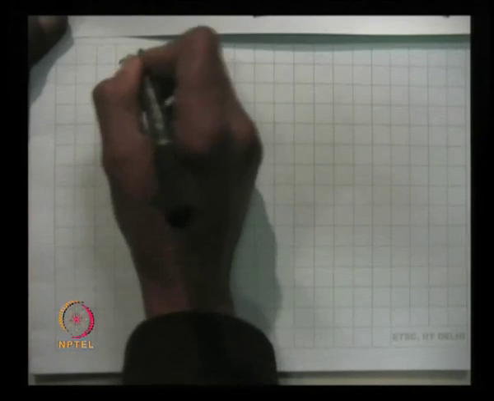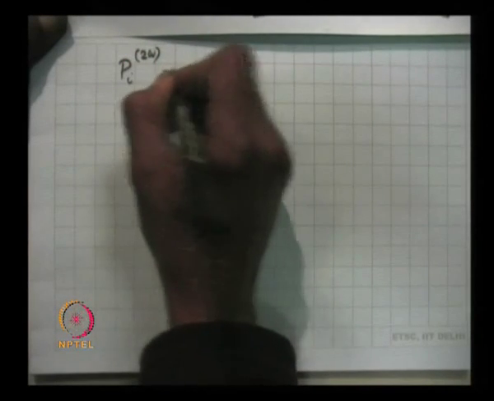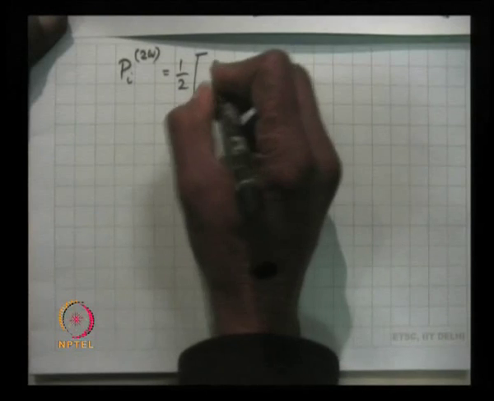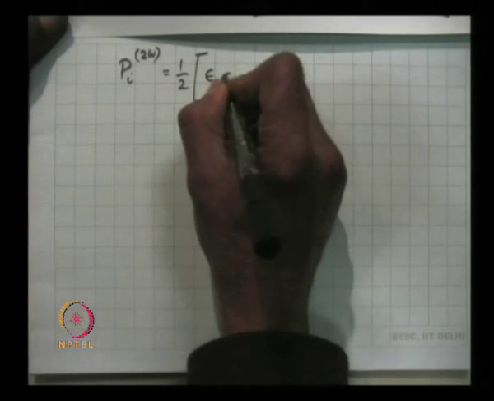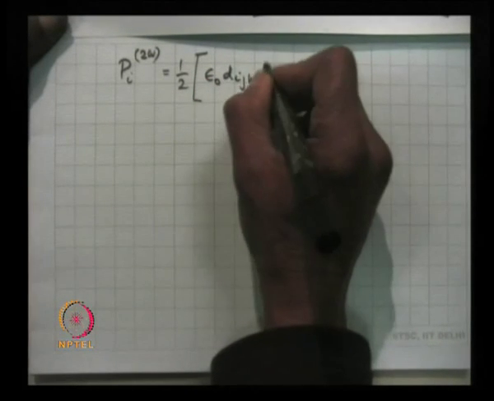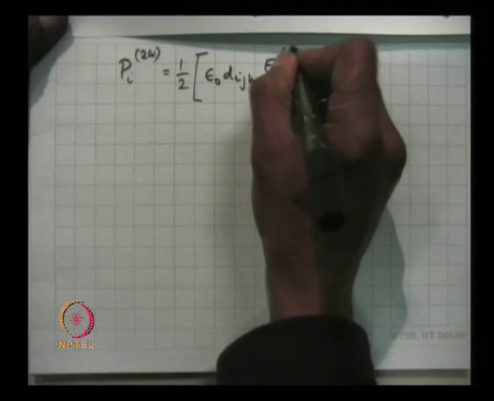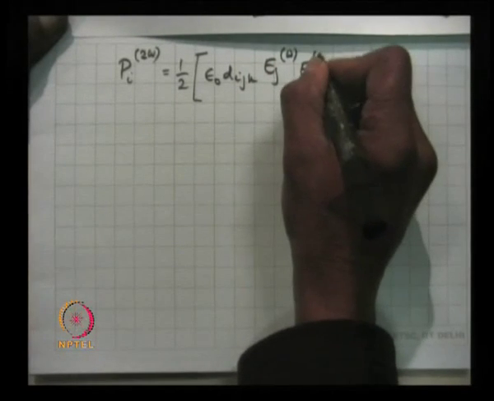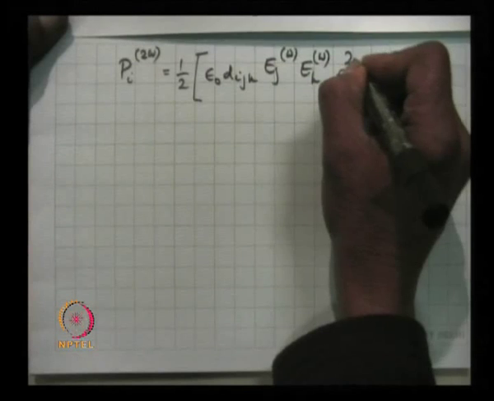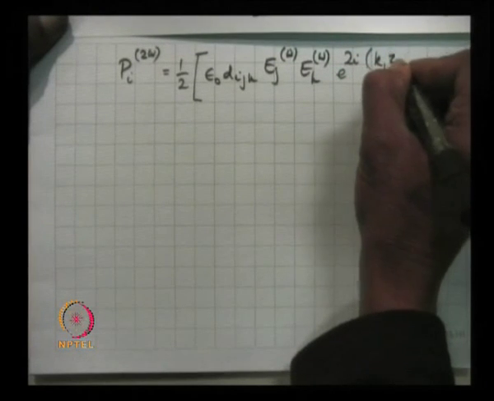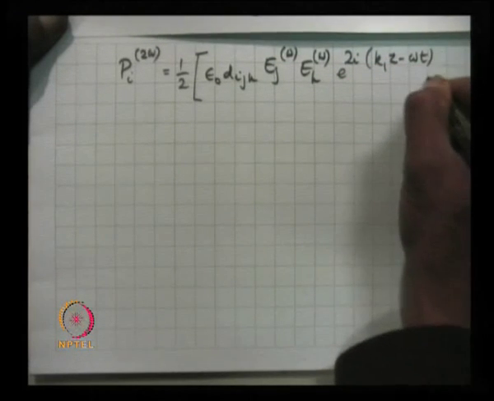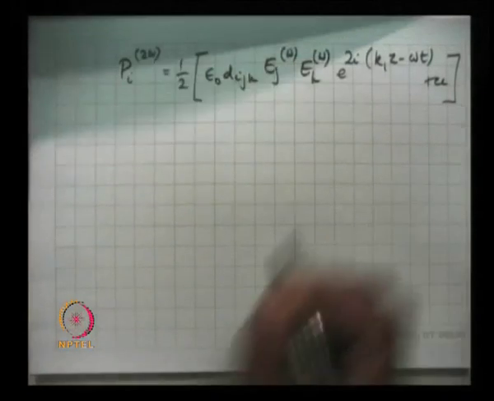P_i of 2 omega is equal to half of epsilon 0 d_ijk E_j of omega E_k of omega exponential 2i(k_1 z minus omega t) plus complex conjugate.